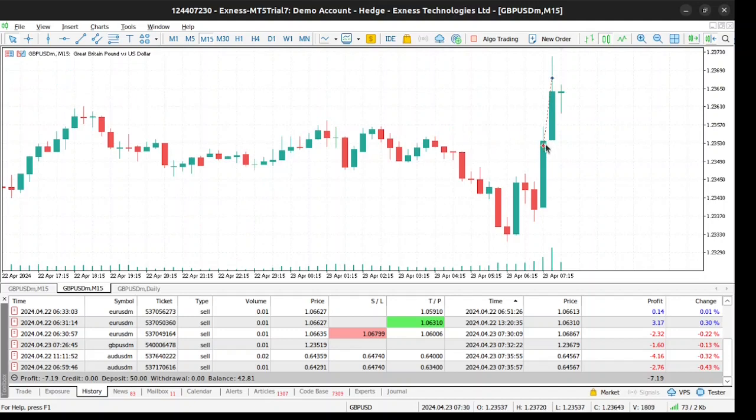Sold here, but it hit my stop loss. Here is the loss.